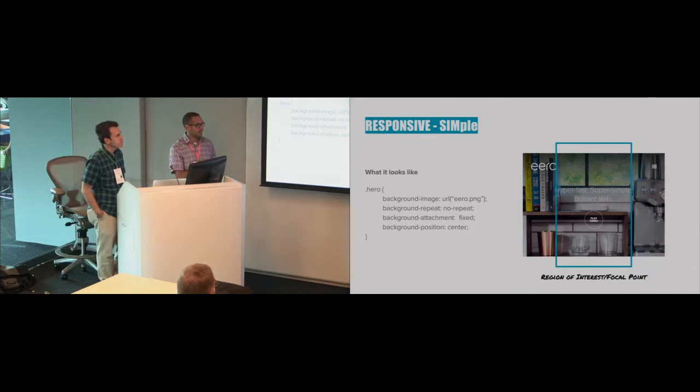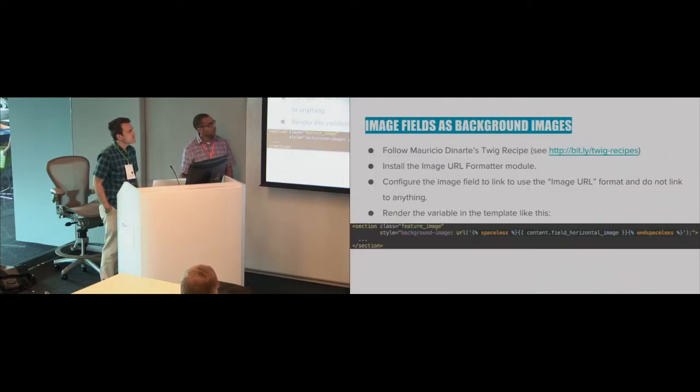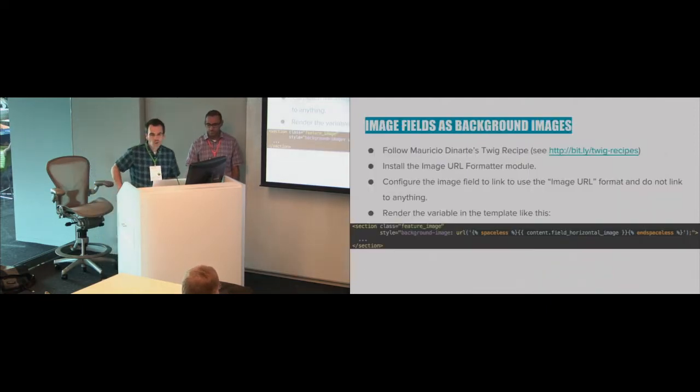But this can also be done using Twig in Drupal. Just to show you how cutting edge we are, there was a great session earlier today about Twig recipes, and I was like, oh my gosh, this is what we were looking for, the best way to do it in Drupal 8. So here's a link to Maurizio's great slides and session.